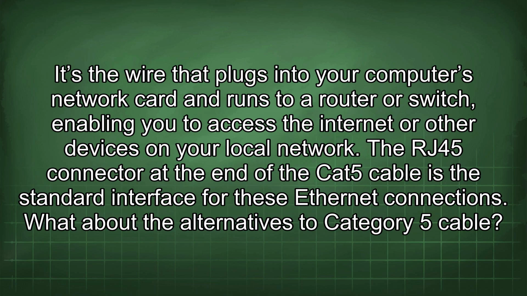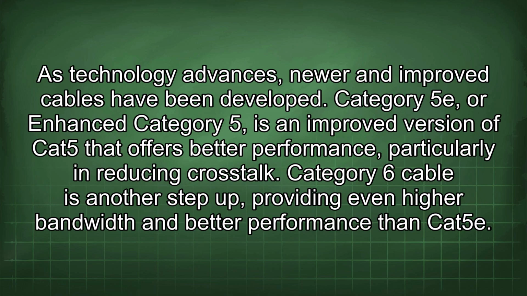What about the alternatives to Category 5 cable? As technology advances, newer and improved cables have been developed. Category 5E, or Enhanced Category 5, is an improved version of Cat5 that offers better performance, particularly in reducing crosstalk. Category 6 cable is another step up, providing even higher bandwidth and better performance than Cat5e.